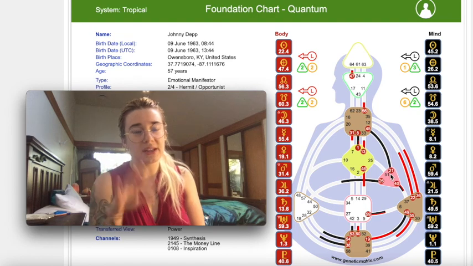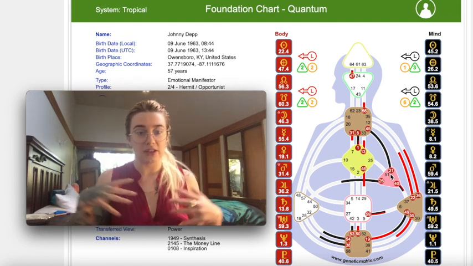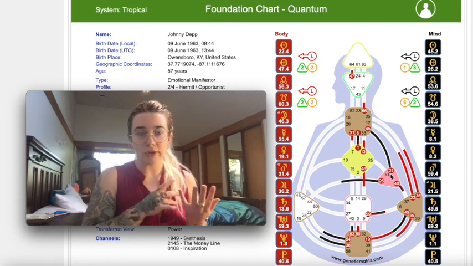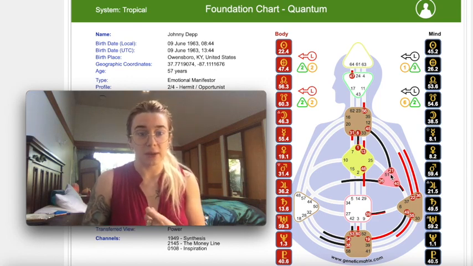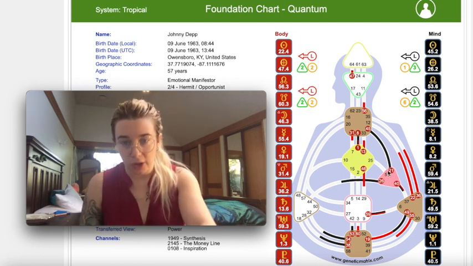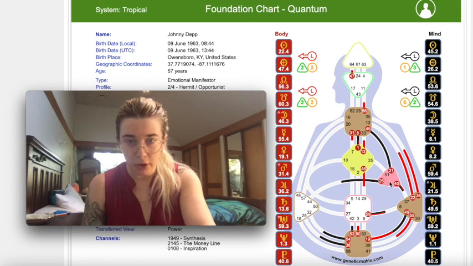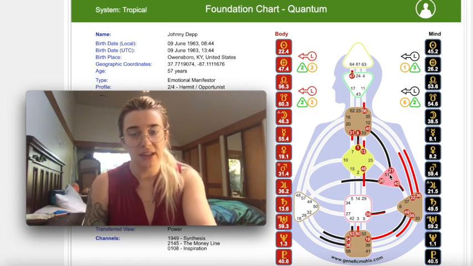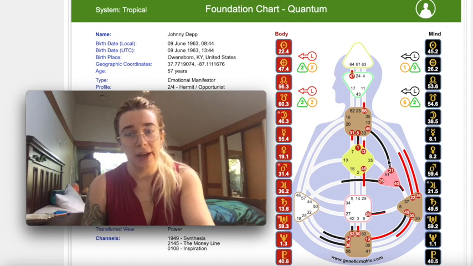Now, something else, now that I've shown you these three charts, something that I personally think is interesting is, let's have a look. Okay, so if you can see my mouse, follow with me. Here we have the ego center. We have this black channel coming up here to this center, the throat. Then we have the center here. However, these two centers that are lighting each other up have no connection to the other centers.